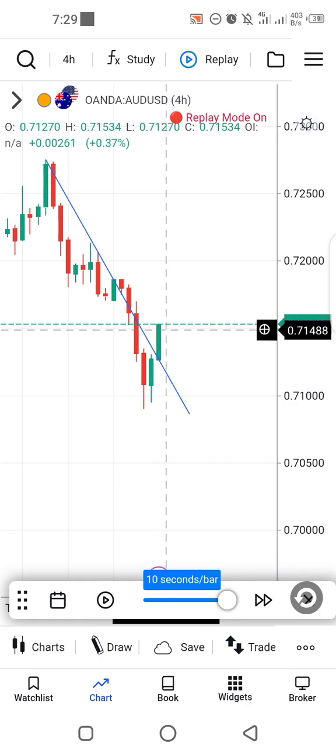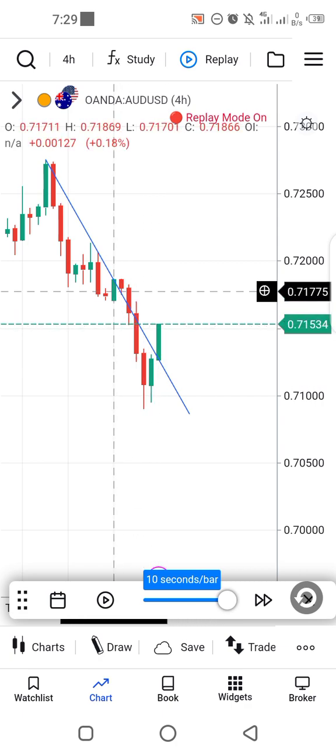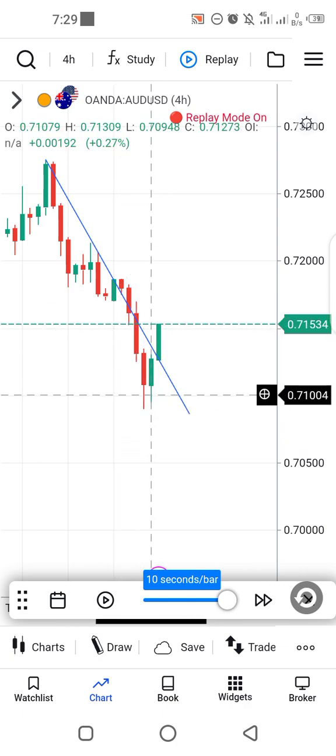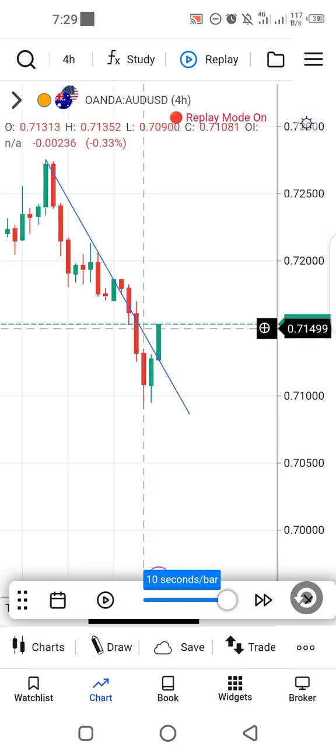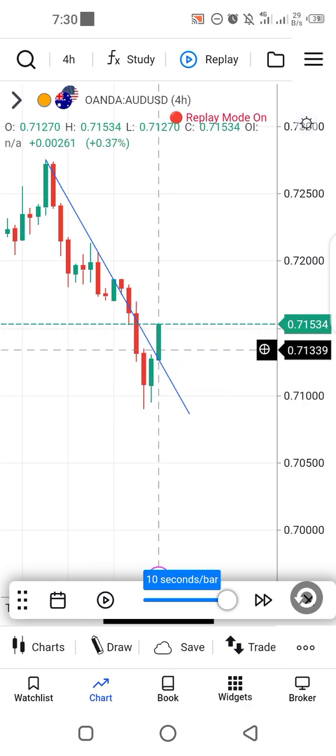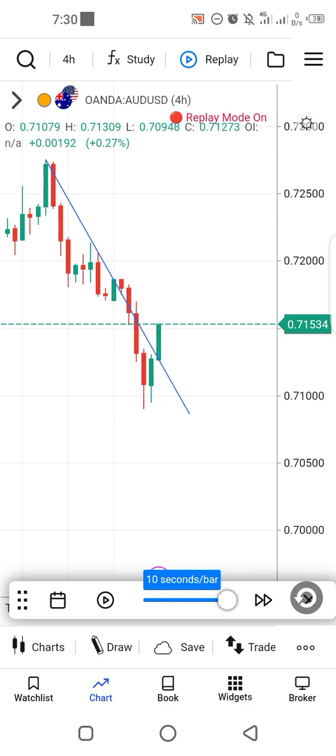Now the reason why I'm saying that if you want to close the trade manually, you may lose some profit, is that you can see that the market moved here, and we have lost all this amount of money. You understand? So if you know your mind can handle losing some small amount of money, then you should try and close your second trade manually.